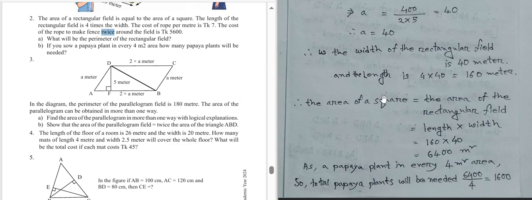Now we can write, as a papaya plant is sown in every 4 square meter area, the total number of papaya plants needed will be 6400 divided by 4 equal 1600. So the total number of papaya plants is 1600.